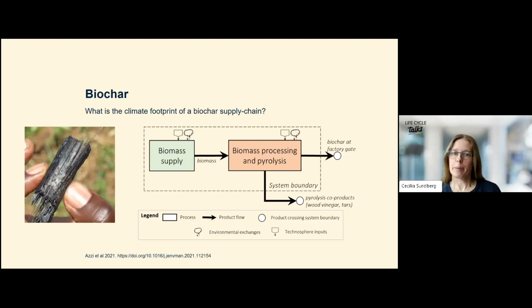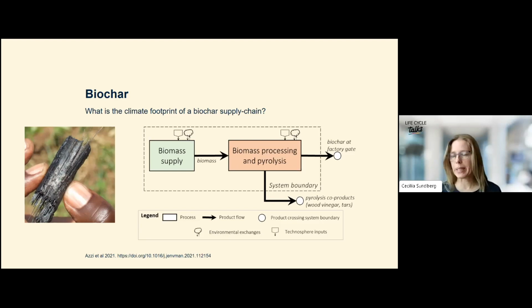And if we're interested in knowing the climate footprint of such a supply chain for biochar, we need to investigate the biomass supply, environmental impacts there. We need to look at the processing, the pyrolysis process that produces this biochar. And of course, the amounts of biochar and the quality of that biochar, but also the co-products, because this pyrolysis process also produces combustible liquids and gases.